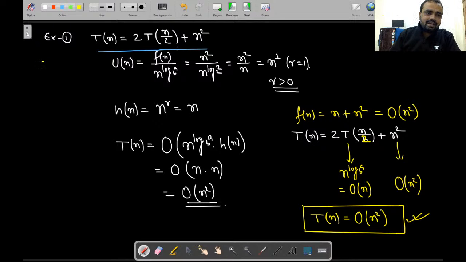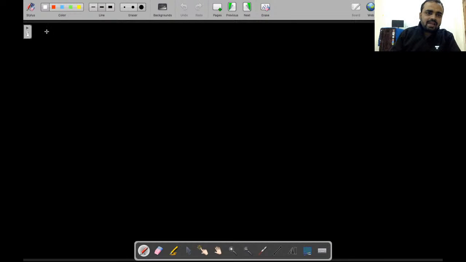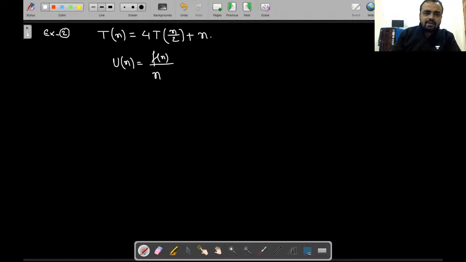यहाँ पर हम लोगों ने केस 3 को अप्लाई किया है। Now let's see the another example. I'm considering the example number. So see over here. Suppose it is given as t of n is equal to 4t of n by 2 plus n, समझना बात को। तो हम लोग सबसे पहले कैलकुलेट करेंगे u of n, और u of n क्या होता है, f of n divided by n to the power log of a on the base b.